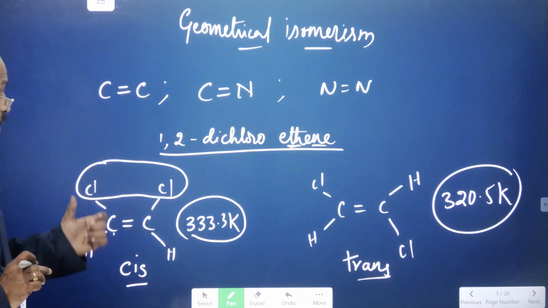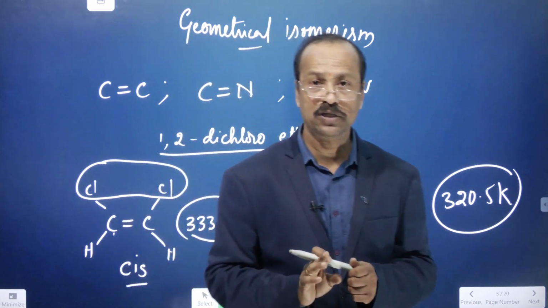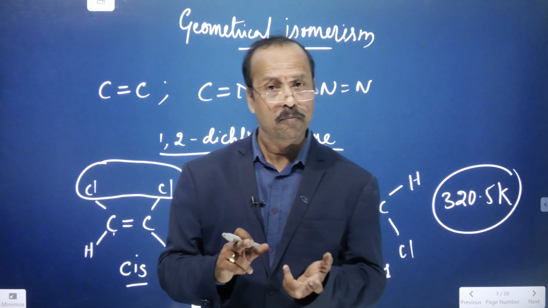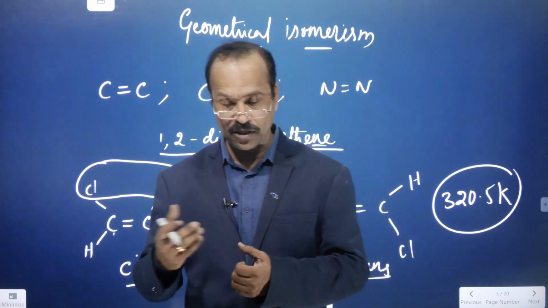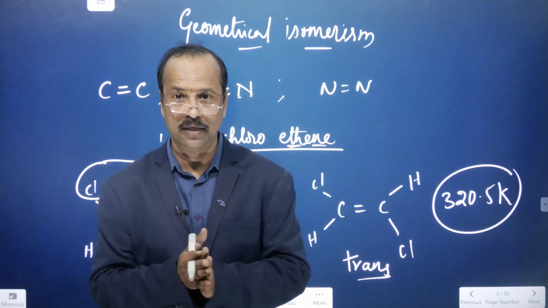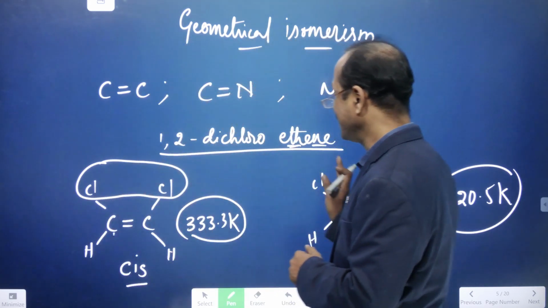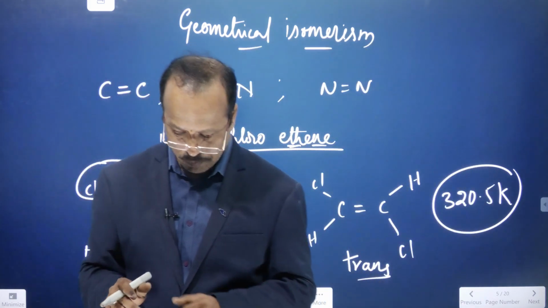Is this clear now? They differ in physical properties. Which properties come under the physical properties? Melting point, boiling point, solubility, dipole moment, stability, density. These all come under the physical properties. Clear? So that is about cis and trans isomers. Chalo.